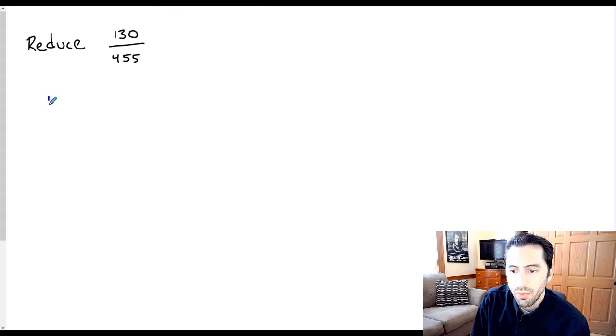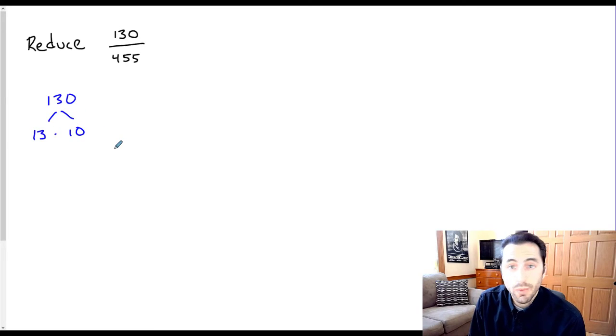So first, let's start with 130. One way that makes this pretty easy is I'm going to make a little tree diagram to break down my number. So first, 130 is the same as 13 times 10. Not the only way I had to start, but that was the most obvious to me. 13 is already a prime number, so I can stop here.